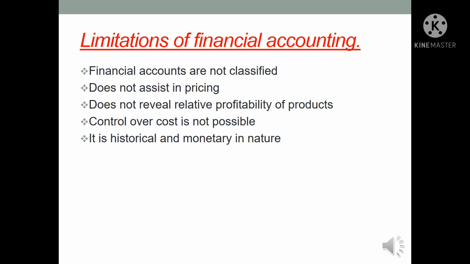These are general purpose statements and are valuable for external users. The value of these statements for management as a managerial tool is limited, because effective management needs to know not only historical cost but also the anticipated cost.